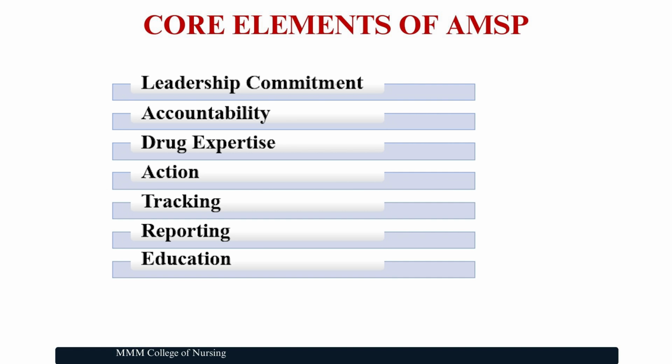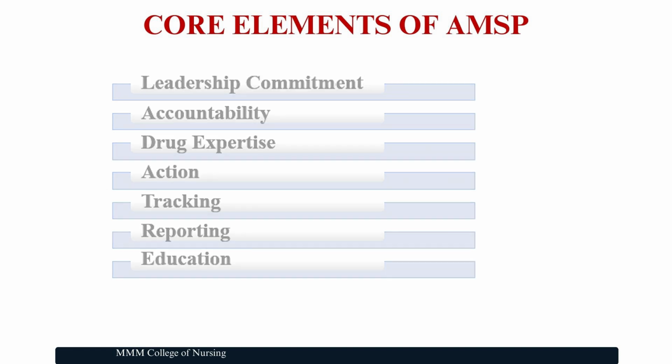And the seventh core element is education. The clinicians must be properly educated about appropriate prescription and resistance of antibiotics. So these are the 7 core elements in the antimicrobial stewardship program. What are they? Leadership commitment, accountability, drug expertise, action, tracking, reporting and education.